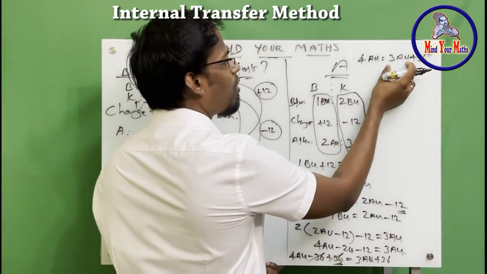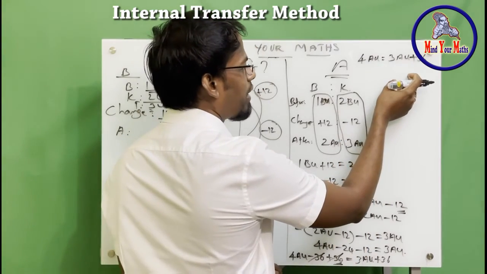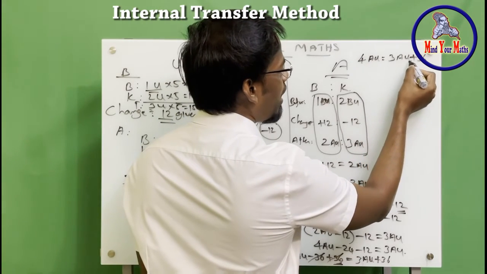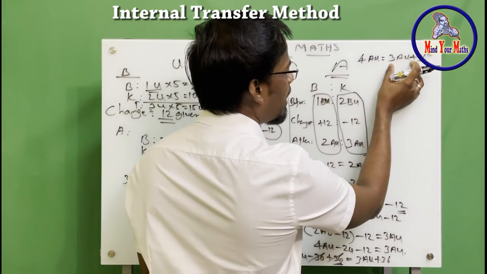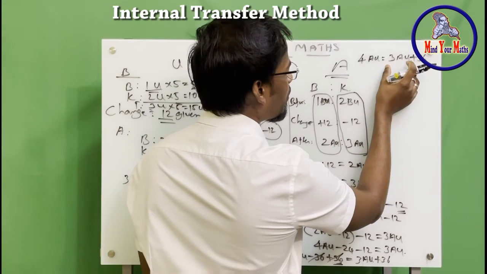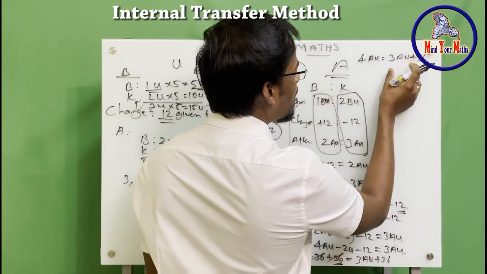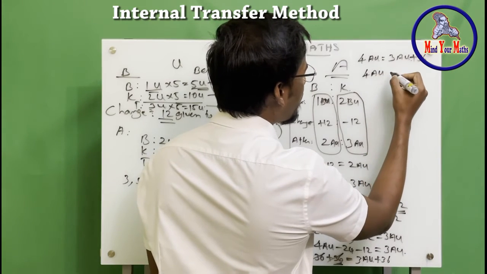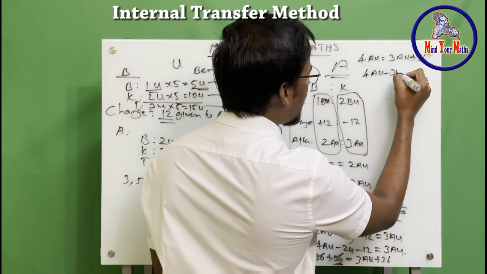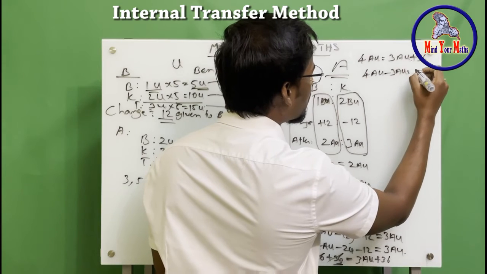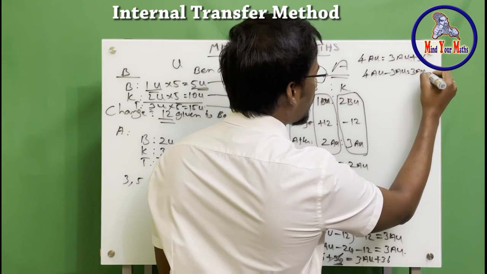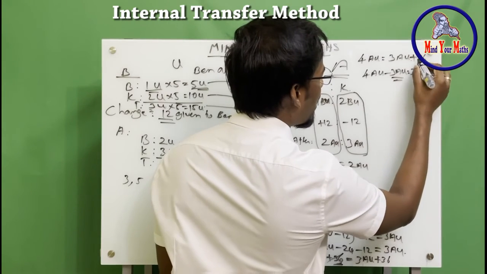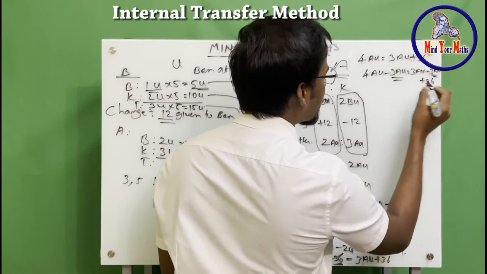Now we have to bring all the AU one side, yeah. So for that, see this side we get the AU cancelled out because this one has less number of AU. So what we do for that is, we both the side, right, subtract 3AU. 4AU minus 3AU equals to 3AU minus 3AU, yeah, same thing we are doing, and plus the 36 we put it as it is, yeah.